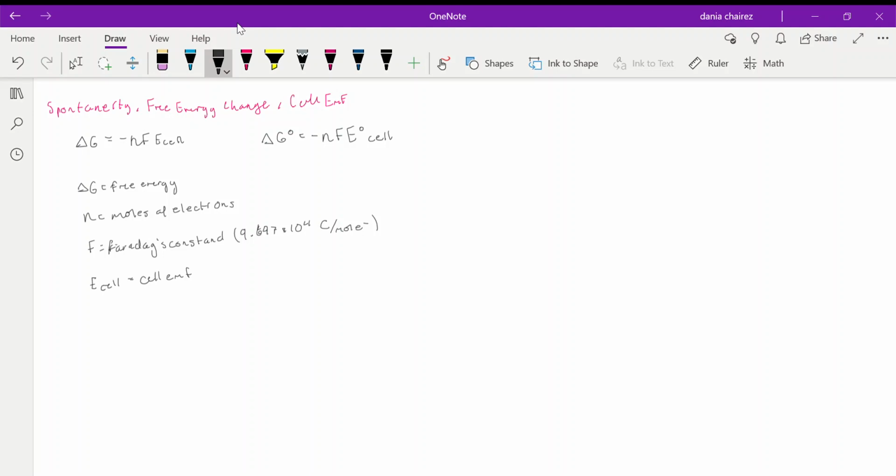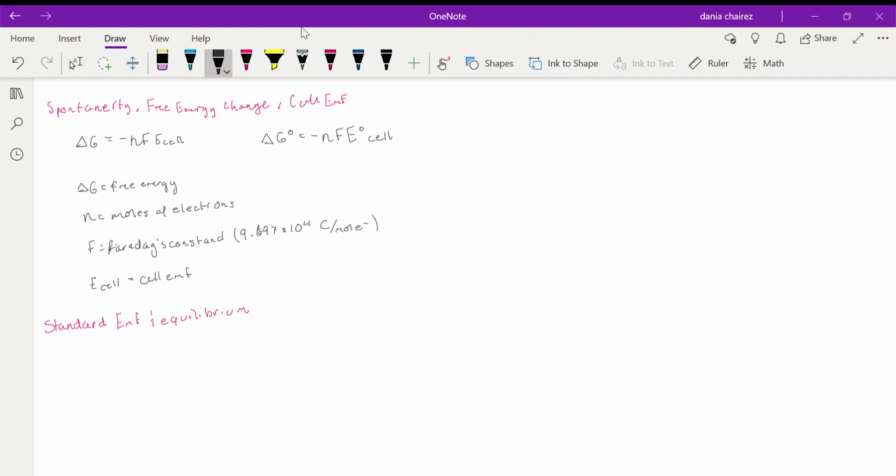So then you have, like I said, everything's related. So you have standard EMF and equilibrium. Yeah, I know, these things don't ever leave you guys.